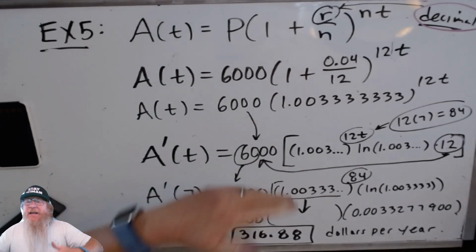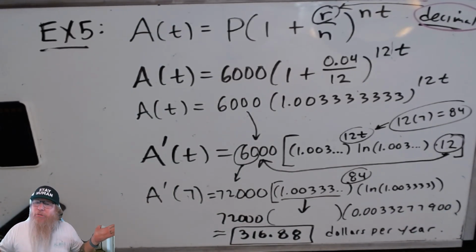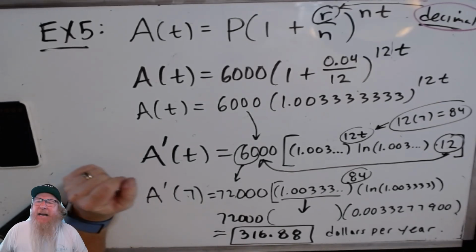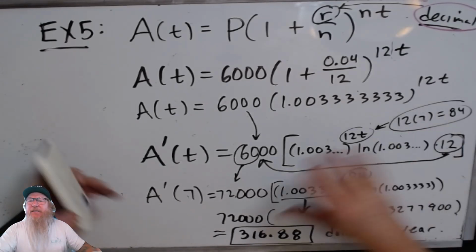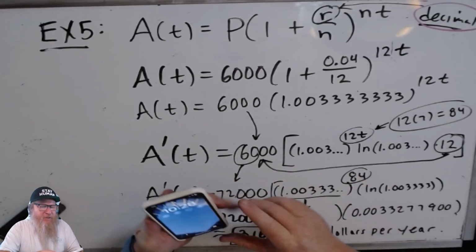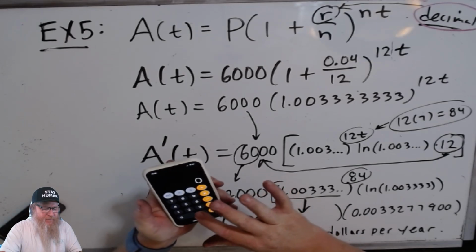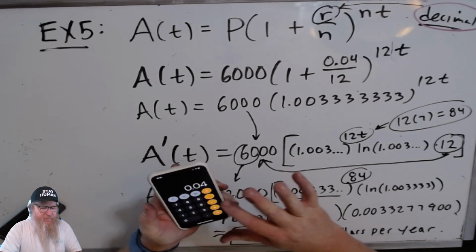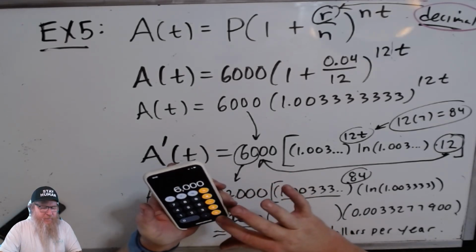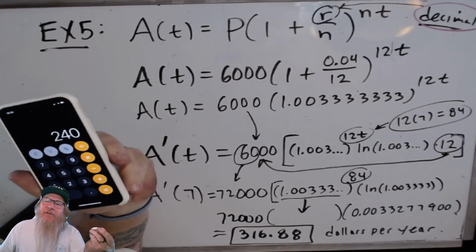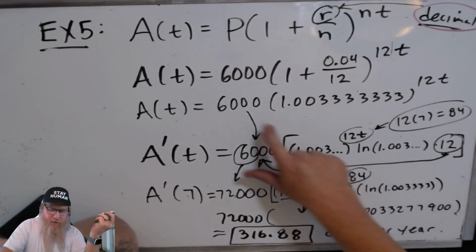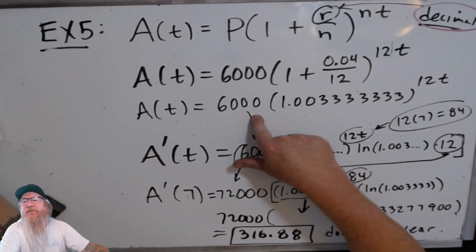That means that your investment is growing or increasing at a rate of $316.88 per year. Which is interesting because it said it was 4%, right? 4% is only $240 of the original amount, $6,000.